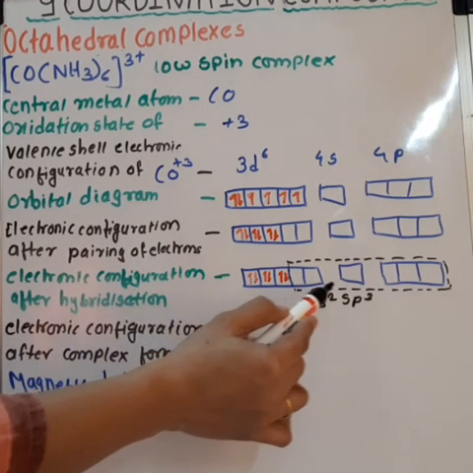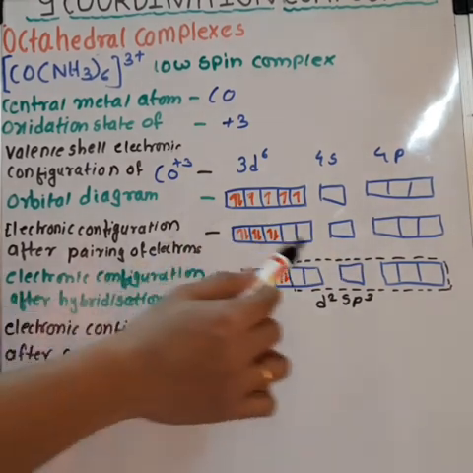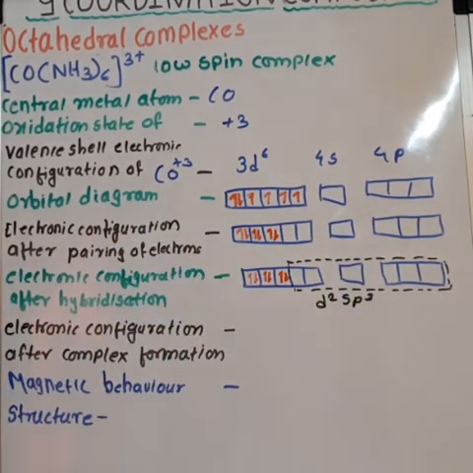These empty d2sp3 hybrid orbitals of cobalt overlap with the filled orbitals of NH3. NH3 donates electrons to cobalt and a coordinate bond is formed.